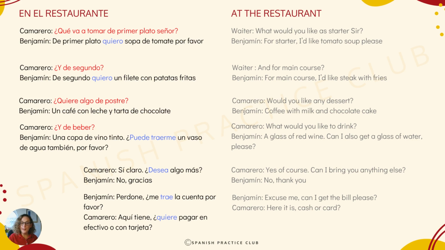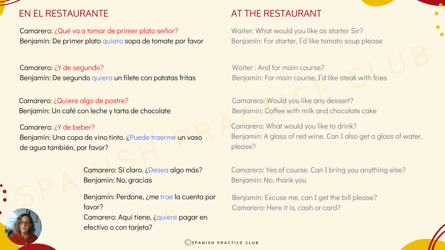¿Qué va a tomar de primer plato, señor? De primer plato quiero sopa de tomate, por favor. Y de segundo quiero un filete con patatas fritas. ¿Quiere algo de postre? Un café con leche y tarta de chocolate.